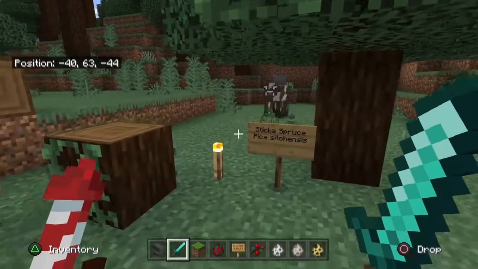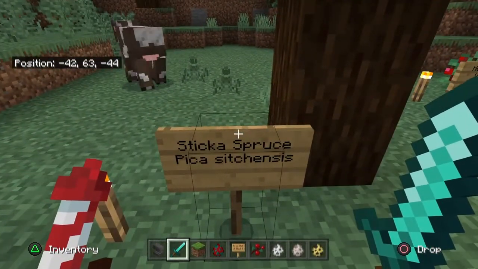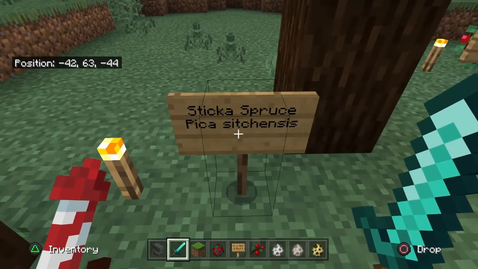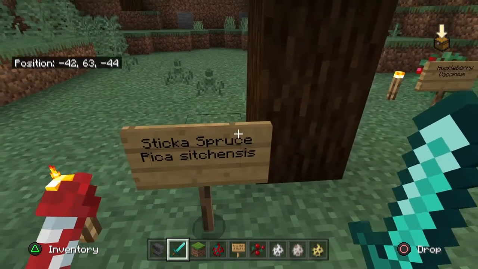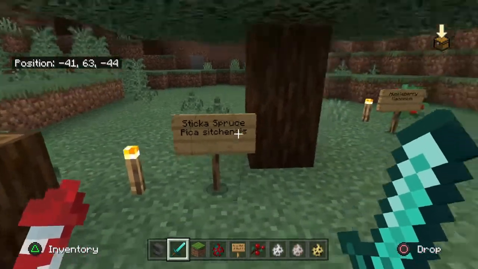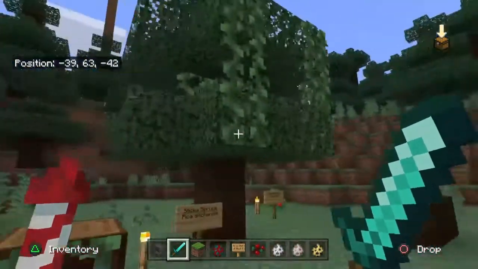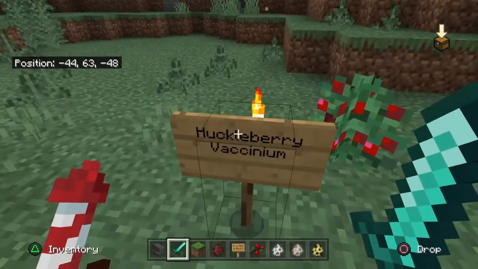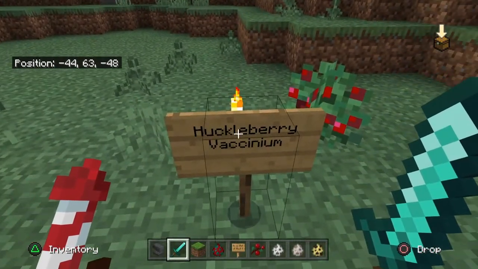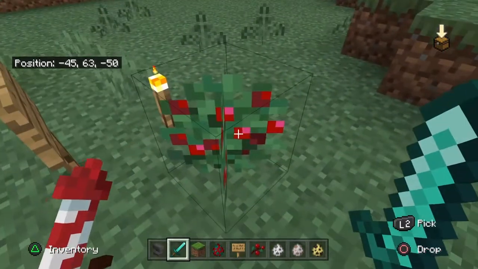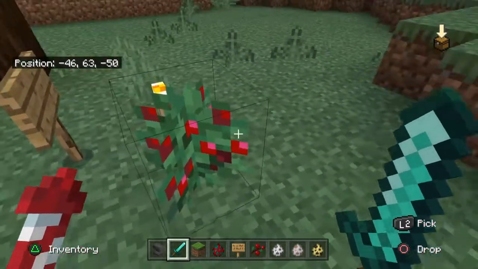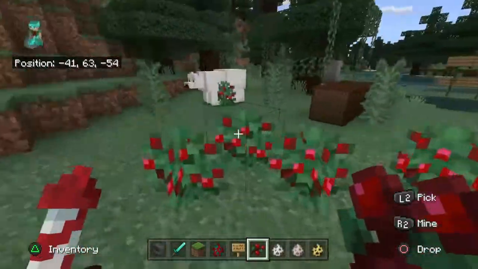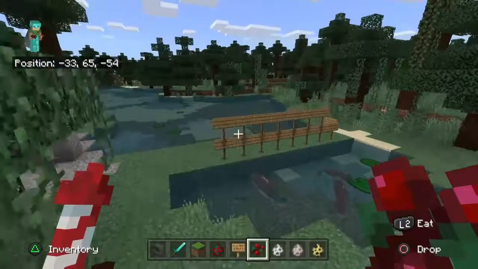And then we have the Sitka spruce, which is Picea sitchensis, and that's our spruce tree. And then lastly, we have the huckleberry, which is Vaccinium, which is sweet berries. And you can see sweet berries all around.